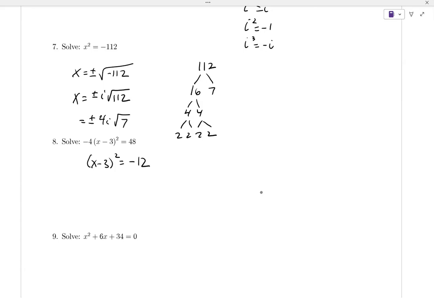Now that we have the squared by itself, we do the exact same thing that we did in the previous problem. We get rid of the square by taking the square root. And then same idea, when you take the square root of both sides, you always get plus or minus.